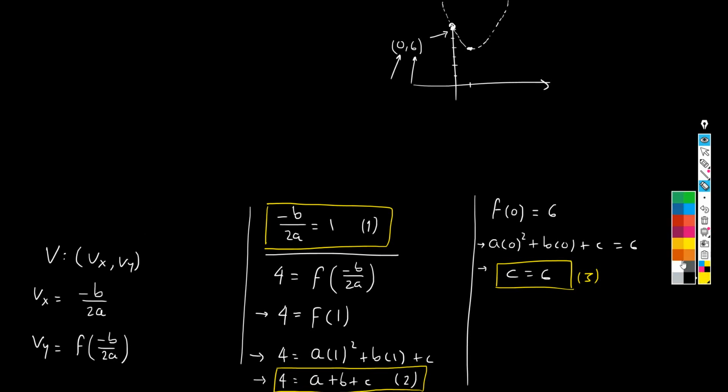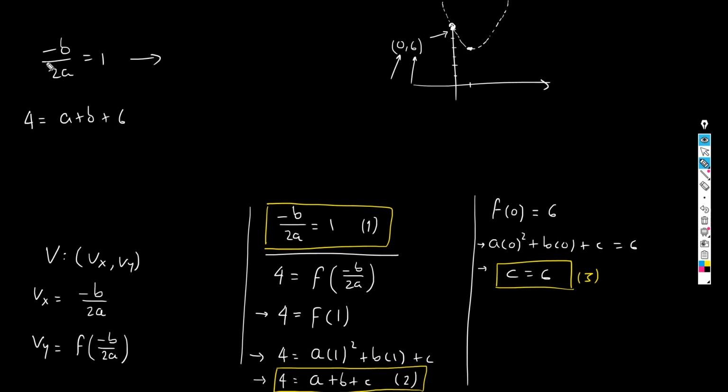What equations am I talking about? This one, minus b over 2a equals 1. And 4 equals a plus b plus c. But how much is c? c is equal to 6. So basically a plus b plus 6. I have two equations with two variables.